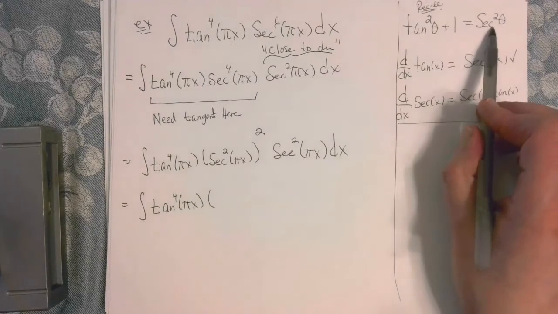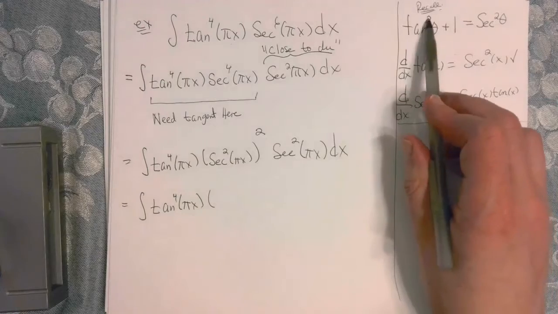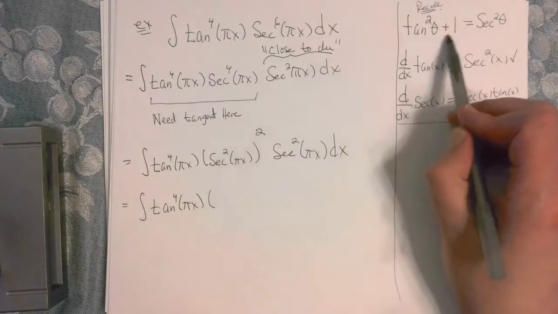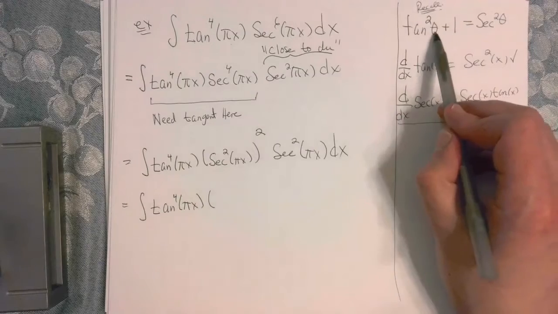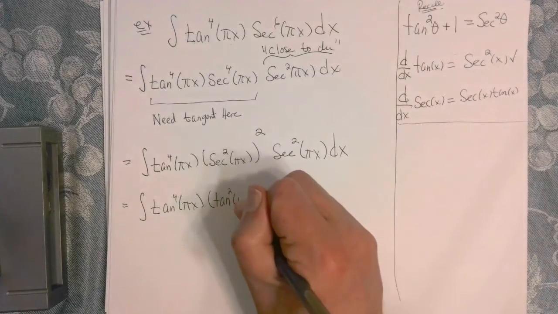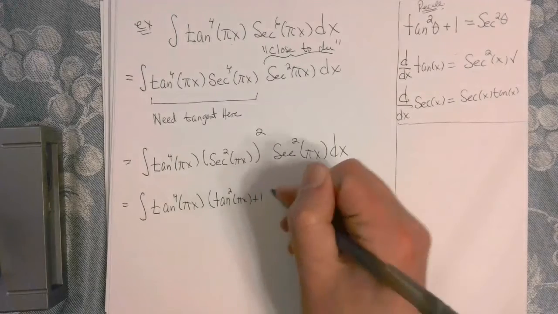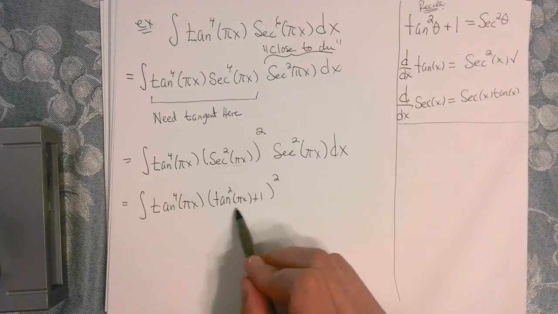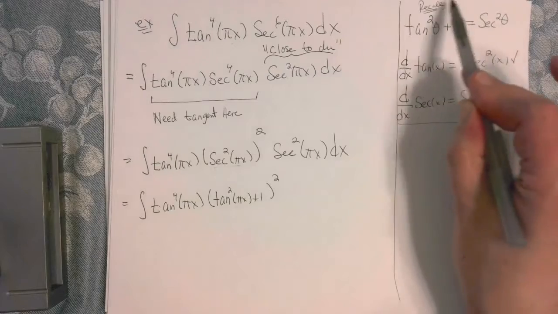Secant squared of an angle is equal to tangent squared of that same angle plus 1. So this will get replaced by this, but instead of theta, I'm going to see pi x. So that's tangent squared of pi x plus 1 quantity squared. So this got replaced by this by using our Pythagorean identity here.